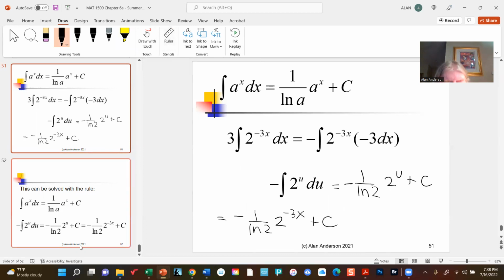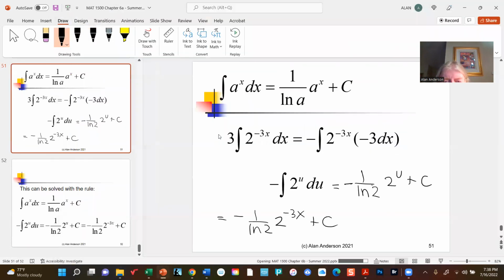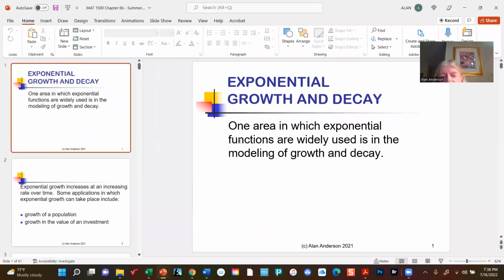All right. Anyway, I just want to give you a forecast of what's coming in 6b. We're going to be looking at actual applications here, some very interesting ones, as a matter of fact. We're going to be looking at the concepts of growth and decay.